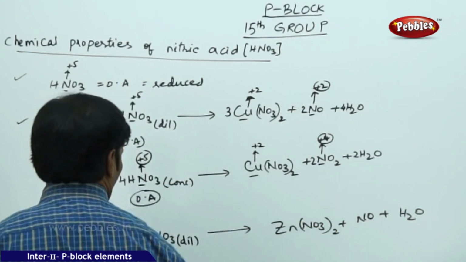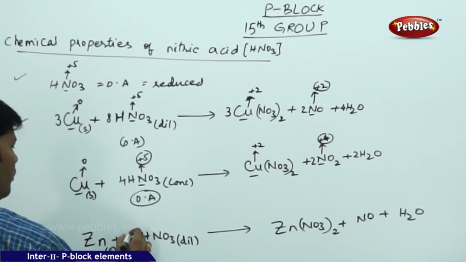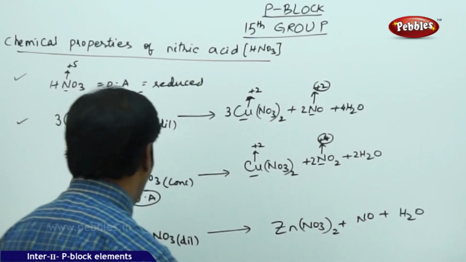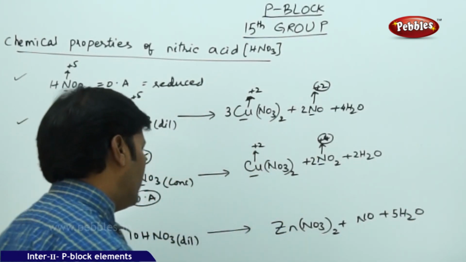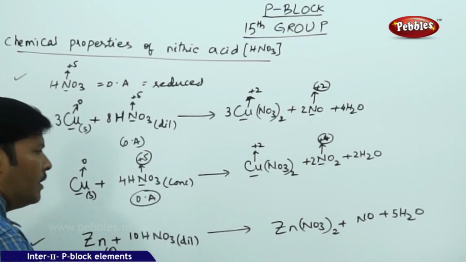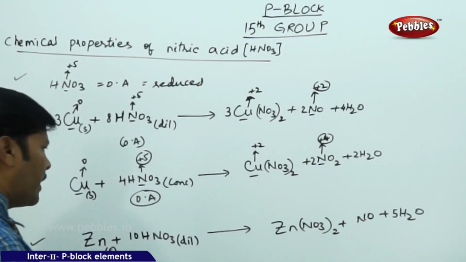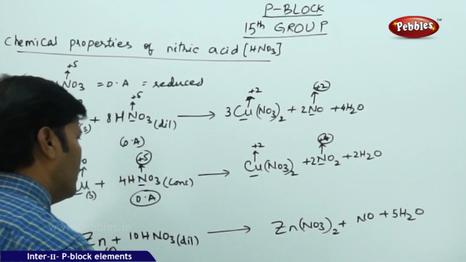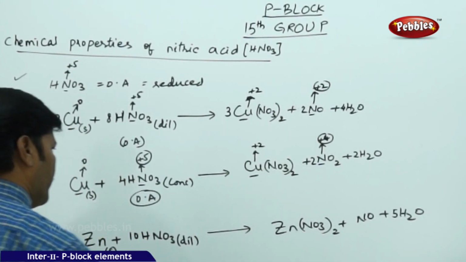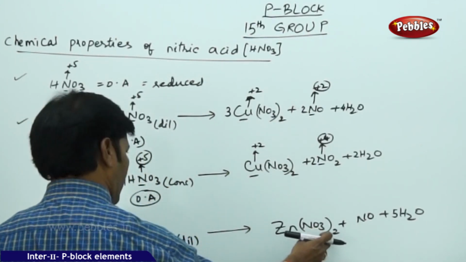If I take 10 moles of nitric acid, then if I take 5, 5 2s are 10 hydrogens, then we have 10 nitrates. Here we have 10 hydrogens and 10 hydrogens. Then the number of nitrates is only 2.